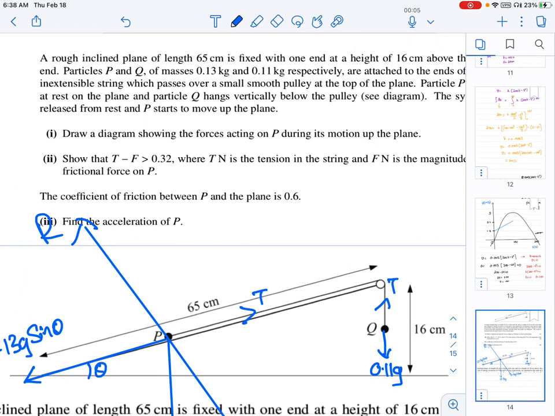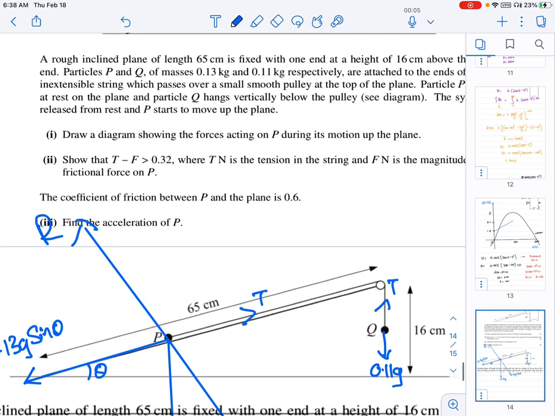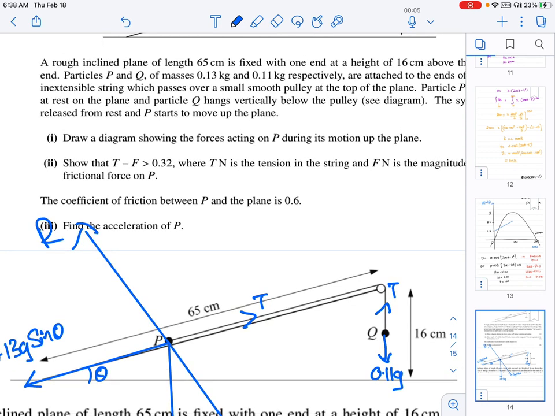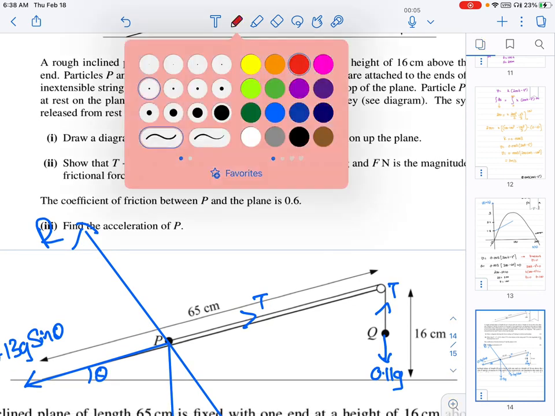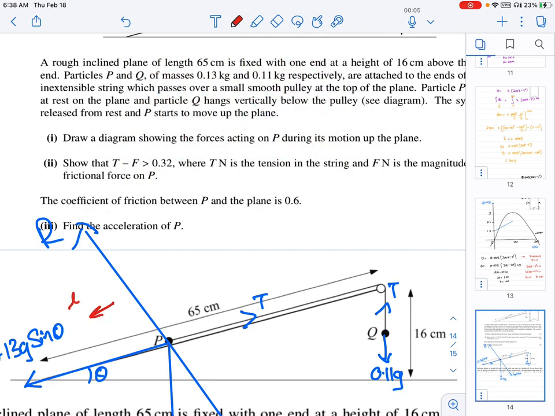Show that T minus F is greater than 0.32. And is there any friction? Rough inclined plane, so it is trying to move up, there should be a friction which is moving downwards, mu R. Show that T minus F is greater than 0.32, where T is the tension in the string, F is the magnitude of the frictional forces.